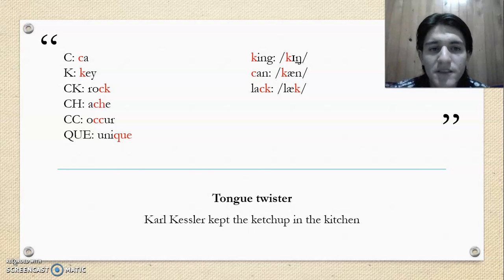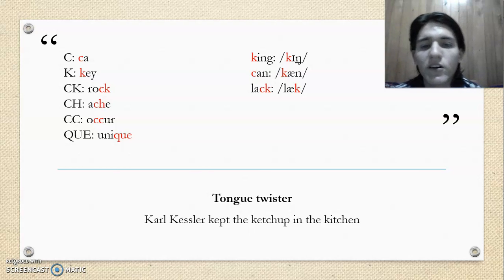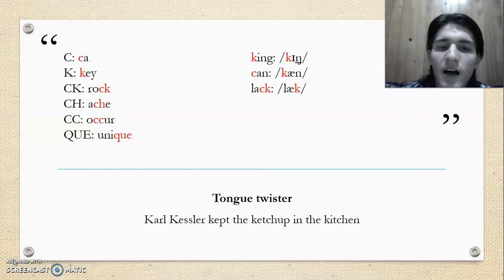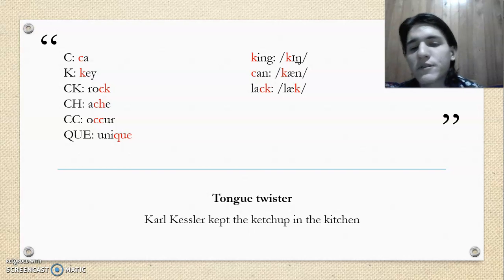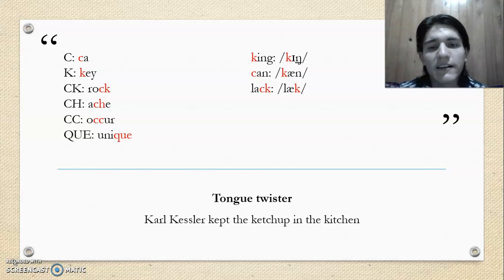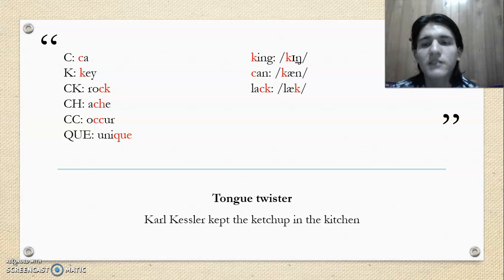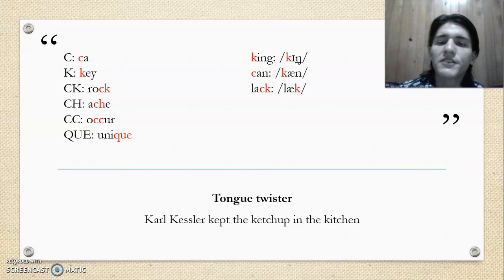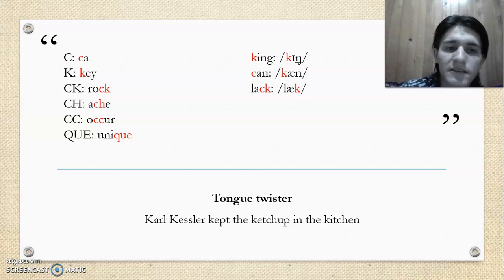Its manner is plosive. It means that the air current comes from the lungs for a few milliseconds and is swiftly released. Its place is velar. It means that the part of the tongue that intervenes is in the region of the tongue corresponding to the soft palate.